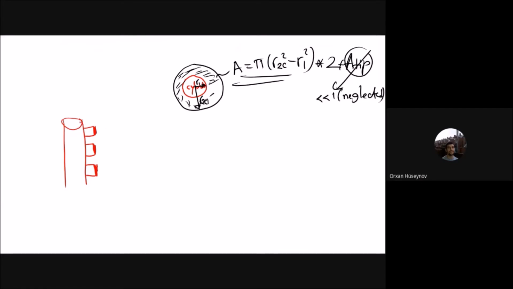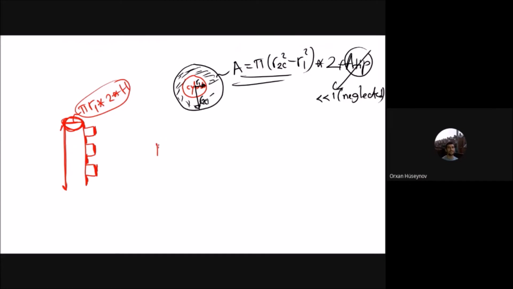So the total area is this: pi R1 into 2, the circumference, multiplied with this height h. This is the total area, but we are trying to find the areas that are left in between the fins, these areas.